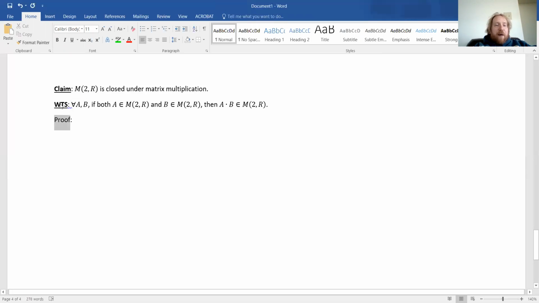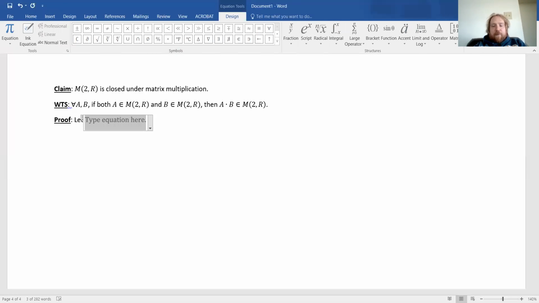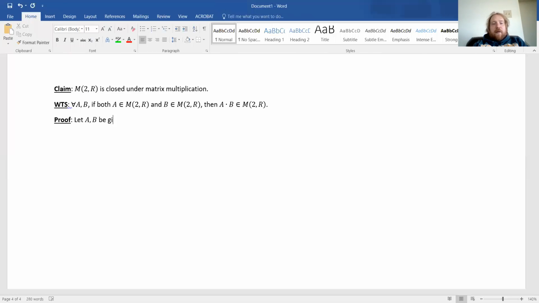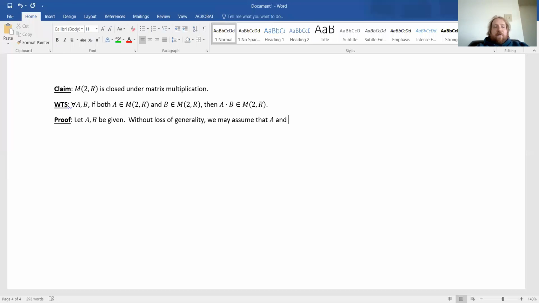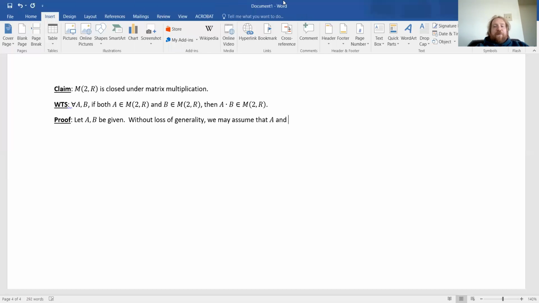A and B are capital because they're matrices. So let's let A and B be given. Without loss of generality, make it so that A and B are the following matrices.